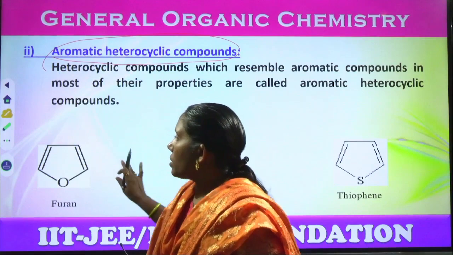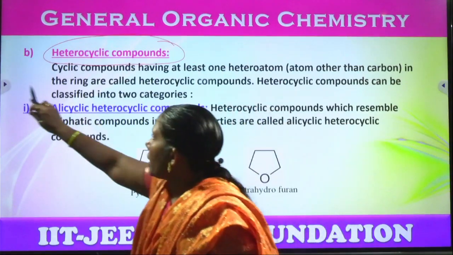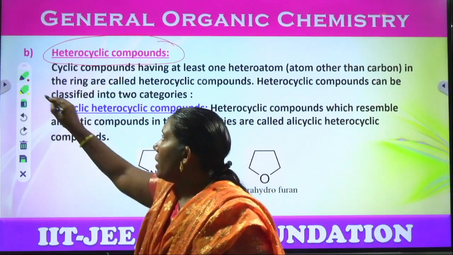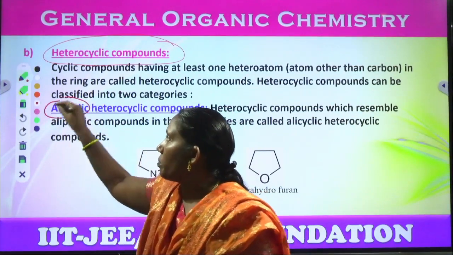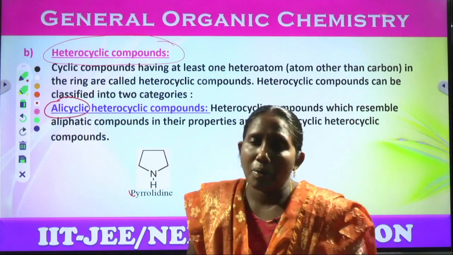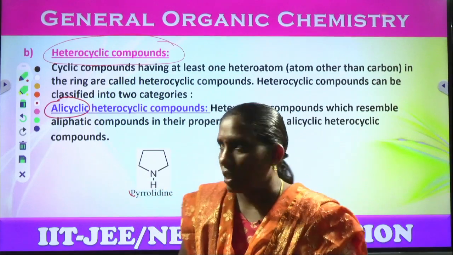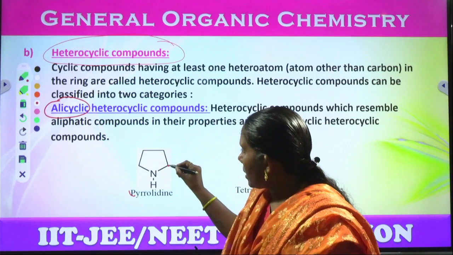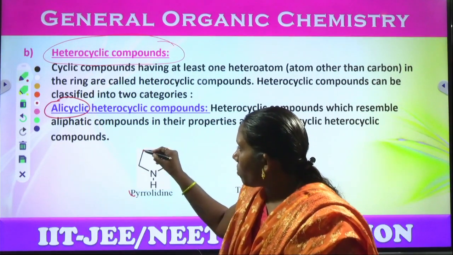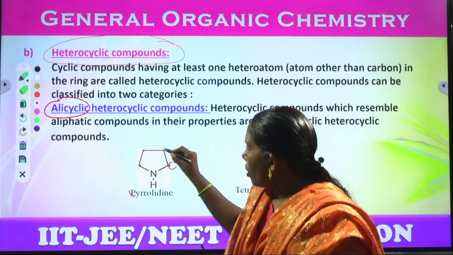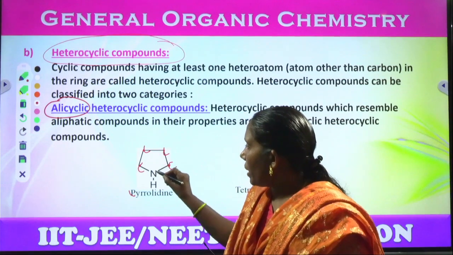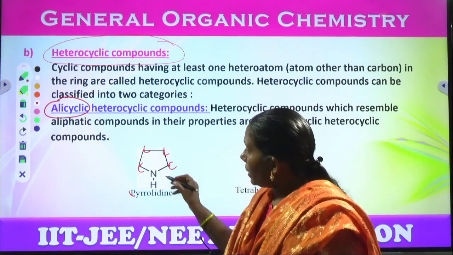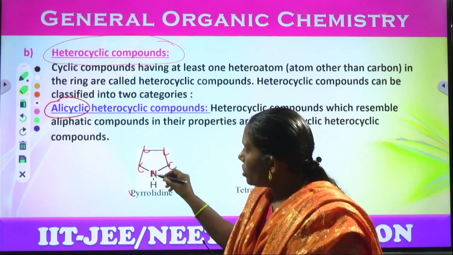First one is alicyclic heterocyclic compounds. Alicyclic is nothing but aliphatic. This is not aromatic, meaning no alternate double bonds, no 4n plus 2 pi electrons; we will not see that further. In these aliphatic compounds, each dot indicates one carbon. If all were carbon, that would be homocyclic, but here in the place of carbon some nitrogen is introduced.